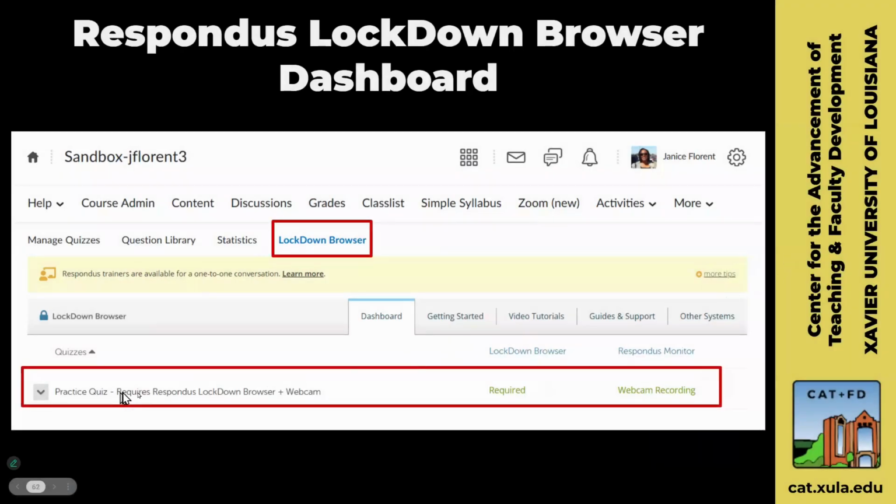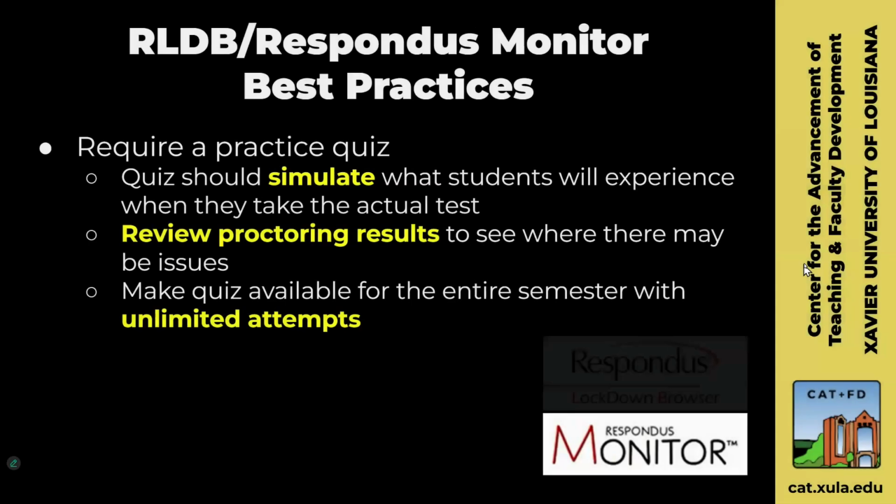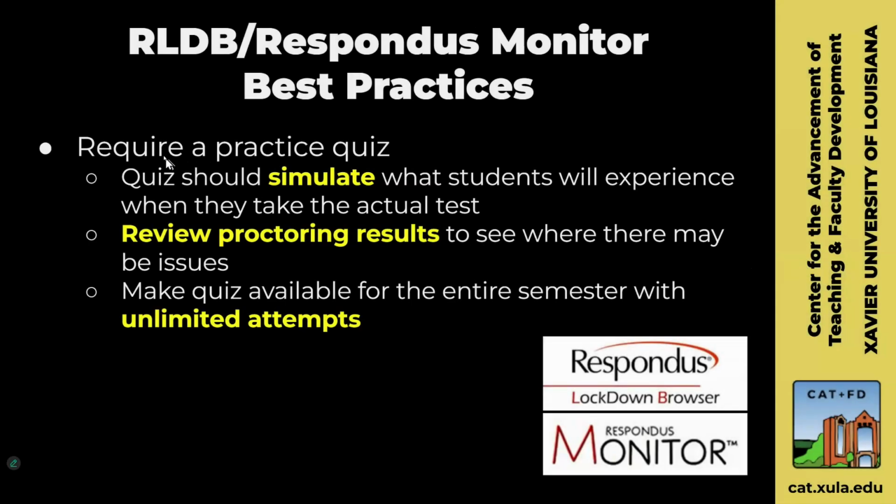When you do, you'll see that the system will then add Respondus Lockdown Browser to the end of the quiz name. And if you're doing the webcam or one of the monitor features, you'll see those there as well, that's going to be required for this test, right? And so as I mentioned, you should definitely create a practice quiz and require that the students do that.